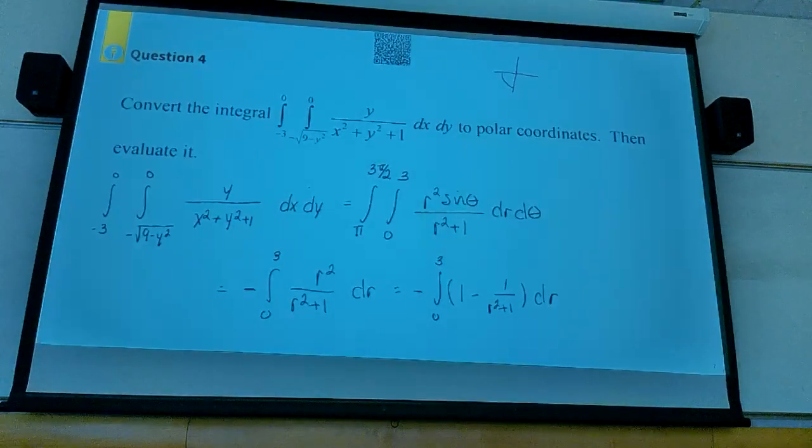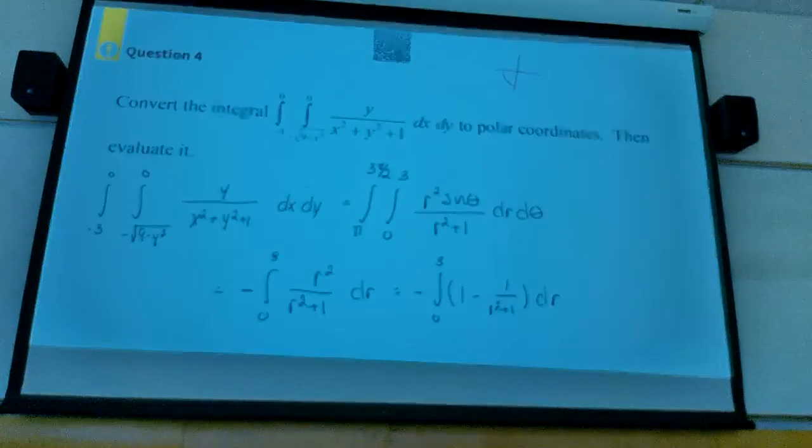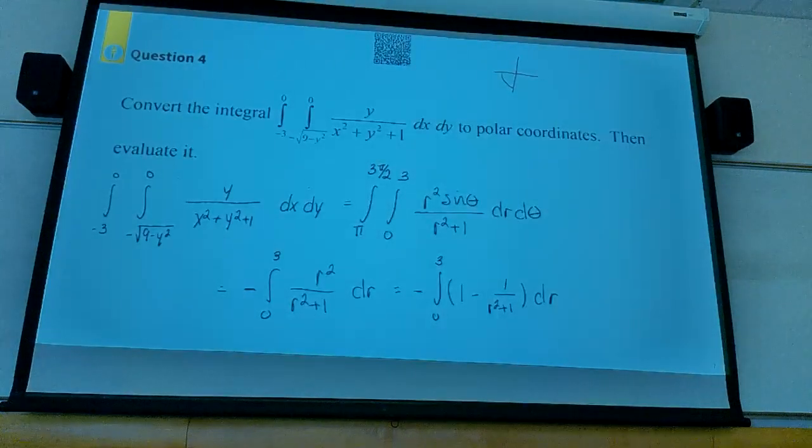Antiderivative of 1 over r squared plus 1. Would you say it was the inverse tangent of what? What would be theta in this case? Would just be r, right? And we go r equals 0 to 3?